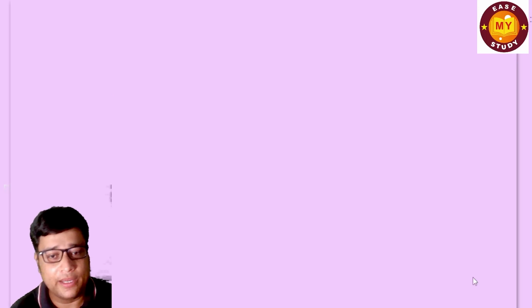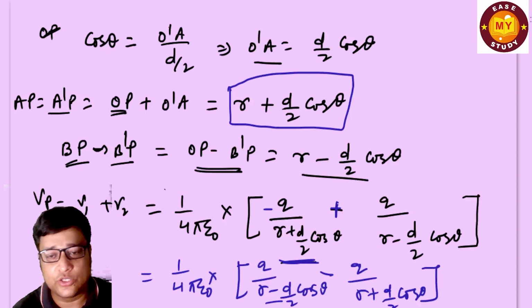So here you have to find 1 by 4 pi epsilon naught into q, and then in the denominator what is there? A minus b, a plus b. So r square minus d square by 4 cos square theta. Now again here q, this is the plus q. If you take the plus q, then what is that?